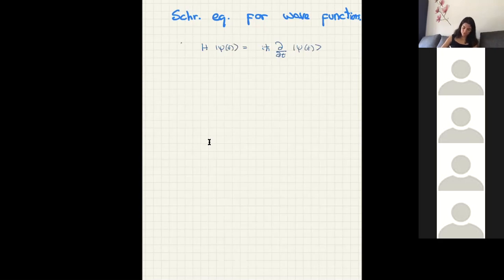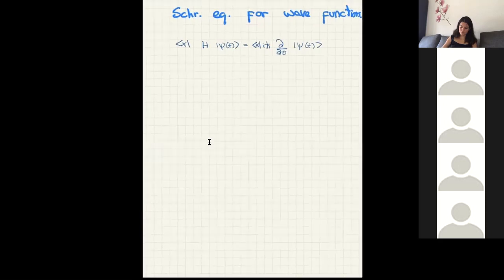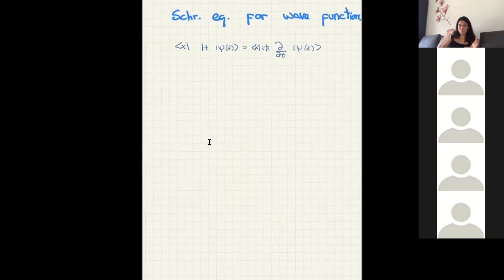Okay, and now we're just going to sandwich this with the x from the other side to get the wave function. Okay, and because our Hamiltonian is split into two terms, we look at these two terms separately. Okay, so we have x. Let's look at the p squared term. Sorry. Yeah, that's right. Psi of t.